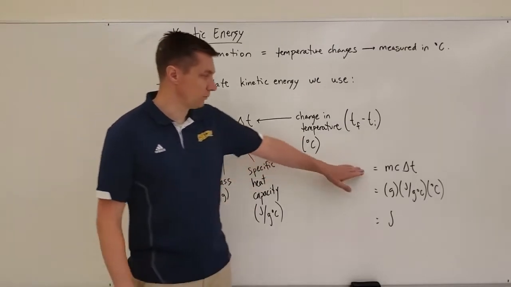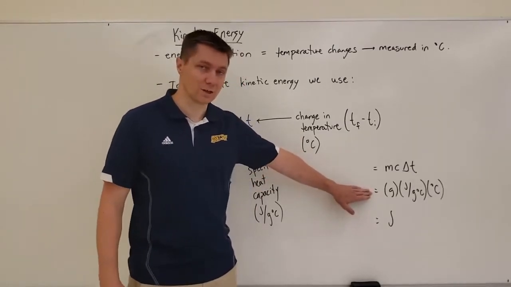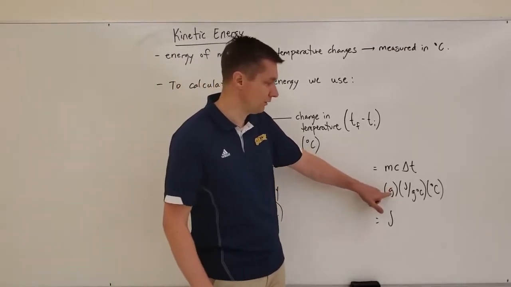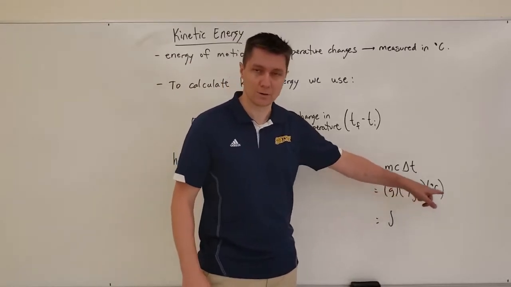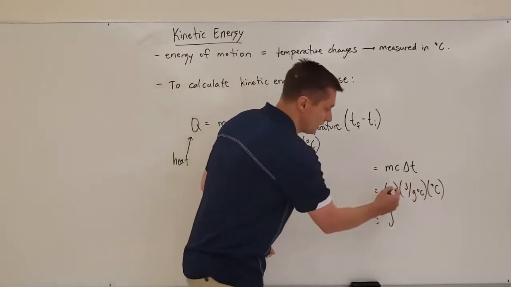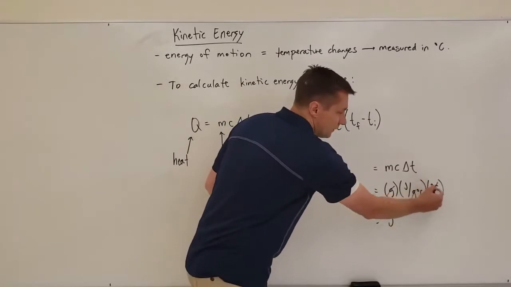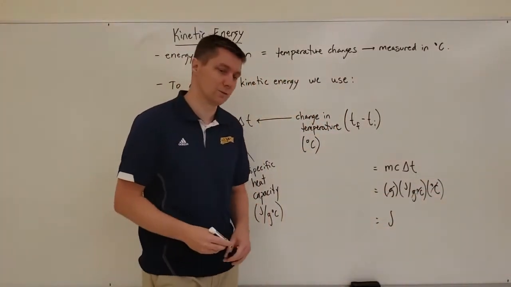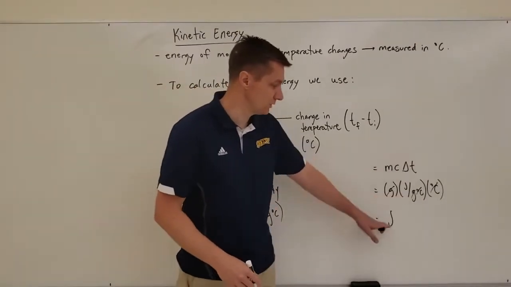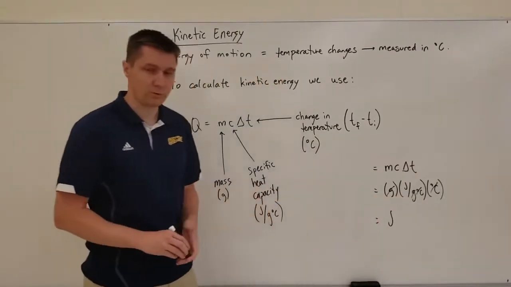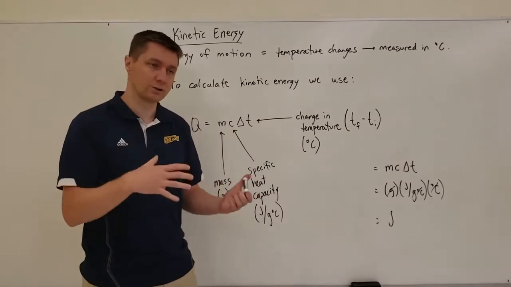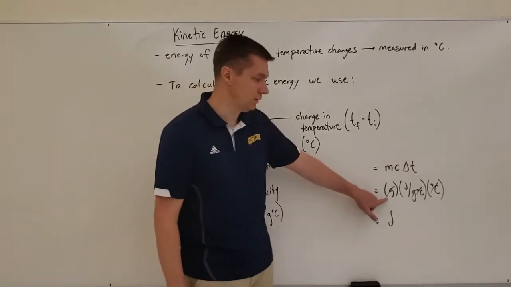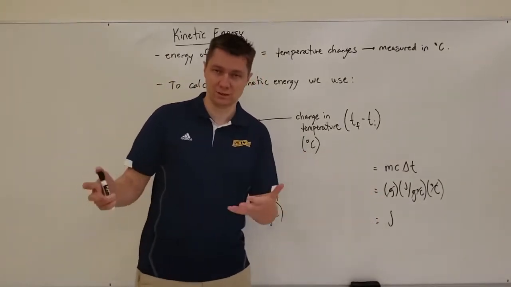So if we break this formula down and we do some unit analysis here, we take a look at this and we go, okay, if I've got grams times by joules per gram degrees Celsius, we can see that the grams cancel out. And then the degrees Celsius also cancel out because I've got degrees Celsius on the top and also on the bottom, leaving me with just units of joules here. Now, you can see sometimes where questions may give you a unit of mass in units of kilograms.